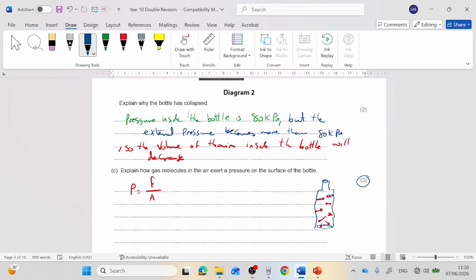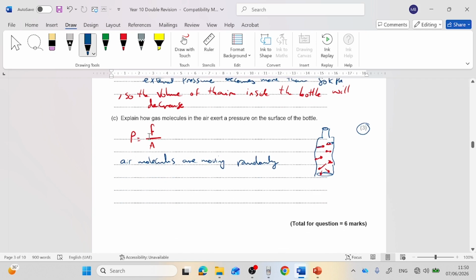Be careful. So we'll say air molecules are moving randomly. This is the first point, okay? Colliding, colliding means hitting, colliding with the walls of the bottle.